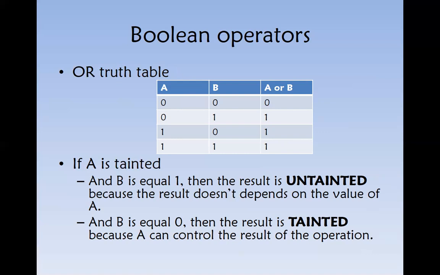So basically, if the value of the input to an operator such as AND or any other operator can determine the value of the output, you say that the taint tag of the input gets copied over to the taint tag of the output.